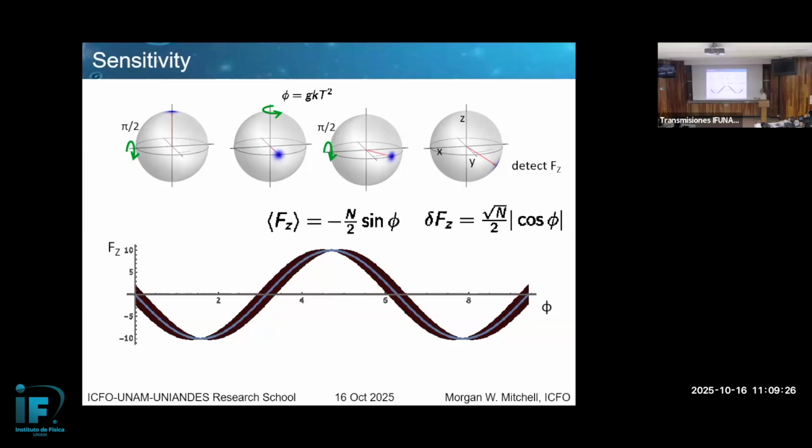And so it can be larger or smaller, but because this gets small at certain points here, here, here, we don't see the same uncertainty in each location. Okay. So now imagine that you did an interferometry protocol, you saw some value for Fz at the end.